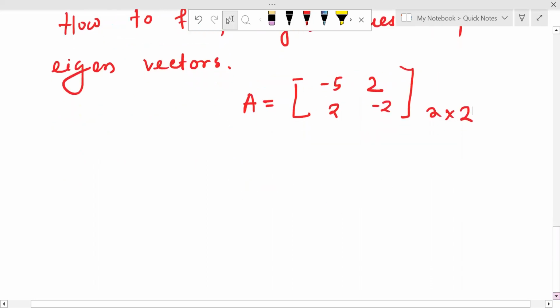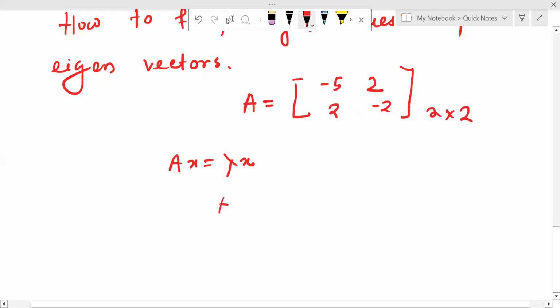For calculation of eigenvalues, we have to consider Ax is equal to lambda x, where x is the variable. Or determinant of A minus lambda I is equal to 0.